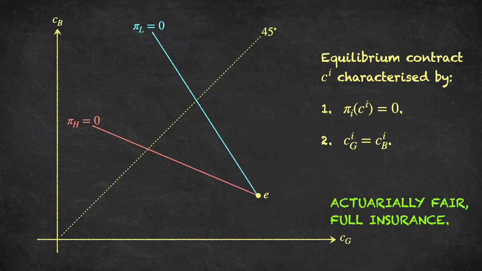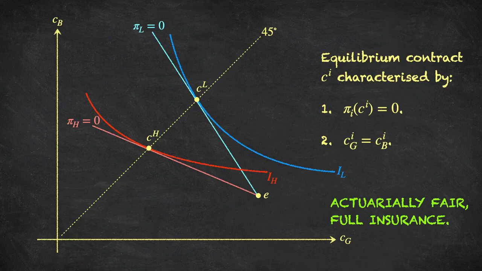And the second condition was derived by the fact that consumers are offered their most preferred contract, and consumers are strictly risk-averse, and so the most preferred contract is the risk-free contract along this line. So the contracts also lie on the 45-degree line. The contracts offer the same level of consumption in both states.